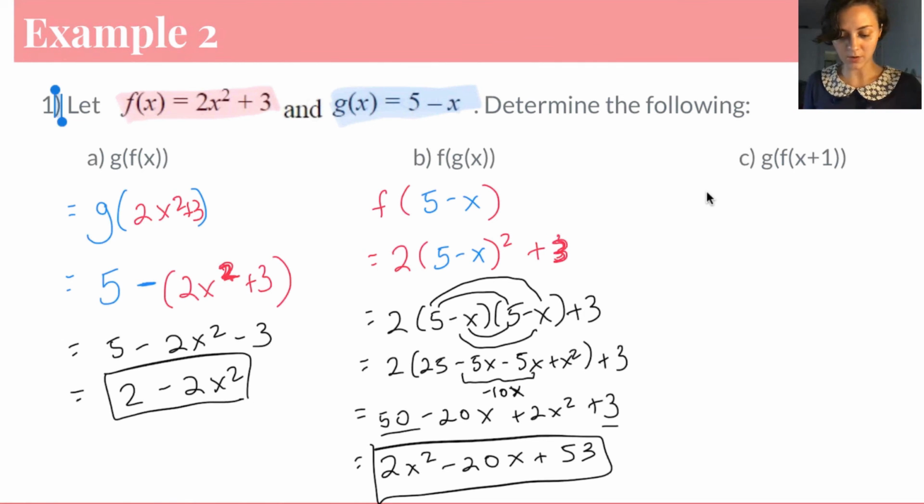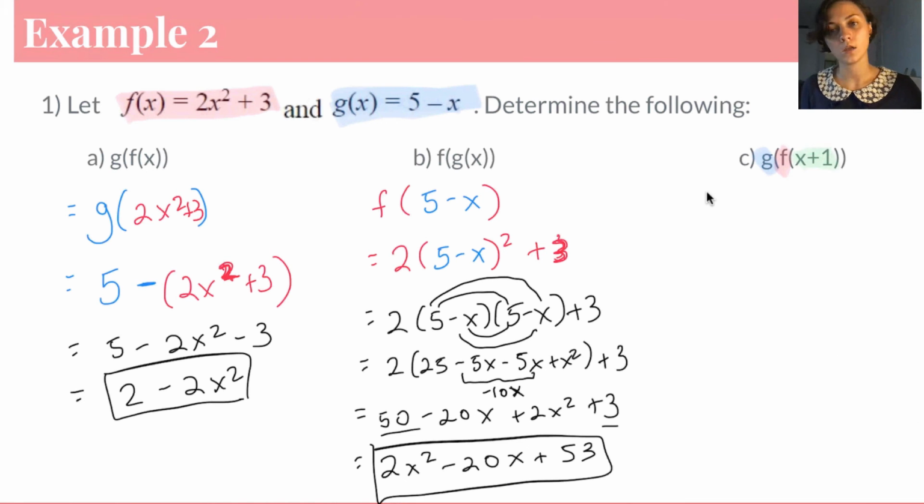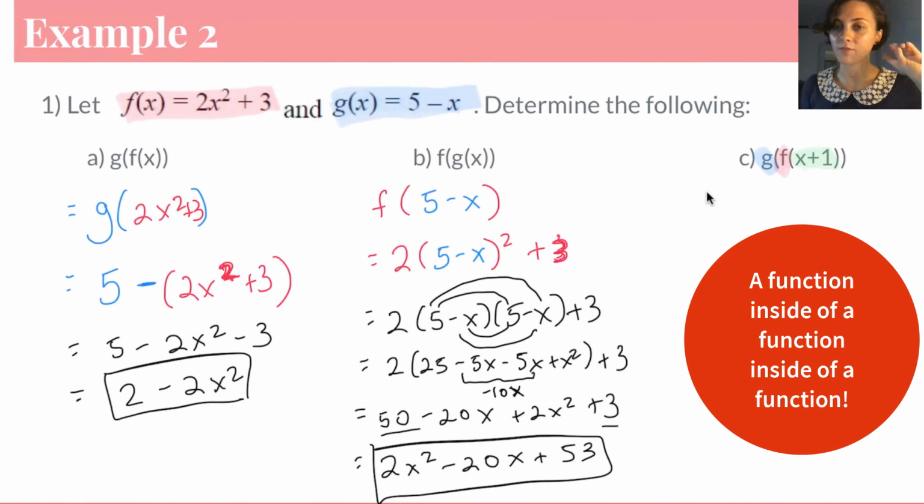So the first function that we have is g. We've got our g. And then inside of g we have f. And then inside of f we actually have this other function, which doesn't have a name, it's just x plus 1. So instead of a function inside of a function, we actually have a function inside of a function inside of a function.